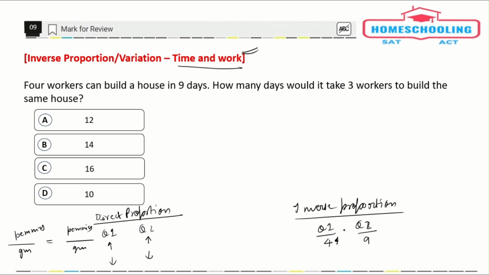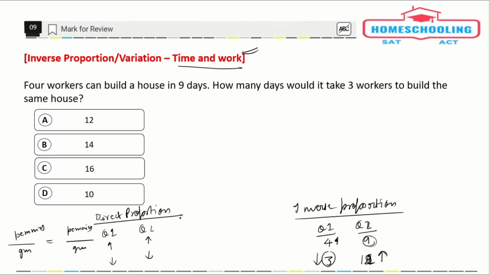Now if the number of workers is reduced, for 3 workers, because the work is more, it will take more than 9 days. So it can be 10, 11, or 12. Let's say 12. So if one quantity decreases, the other increases.